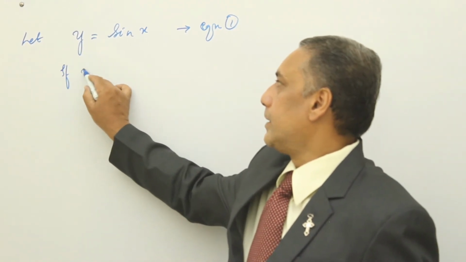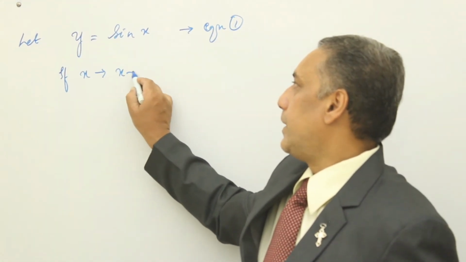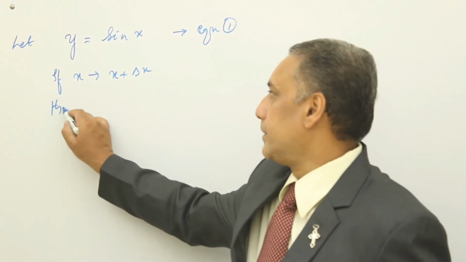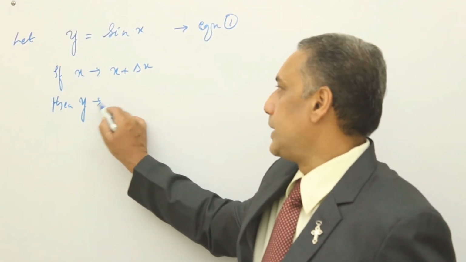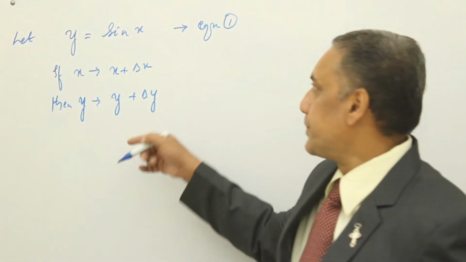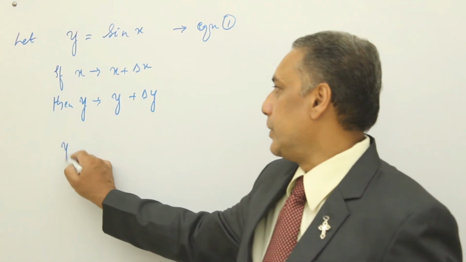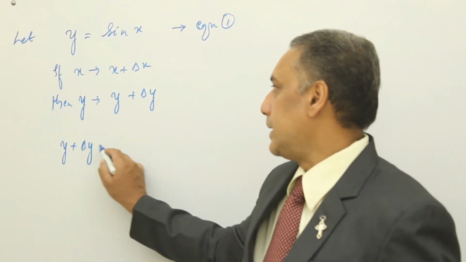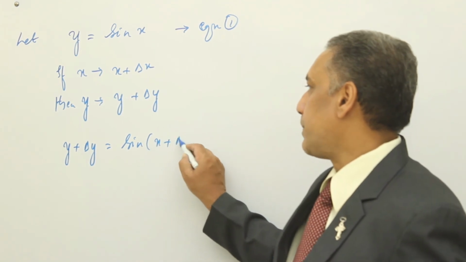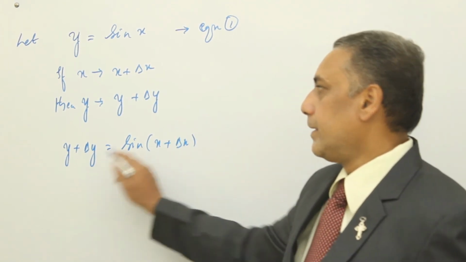If x tends to x plus delta x, then y will tend to y plus delta y. Substituting this in equation 1, we get y plus delta y is equal to sine of x plus delta x.